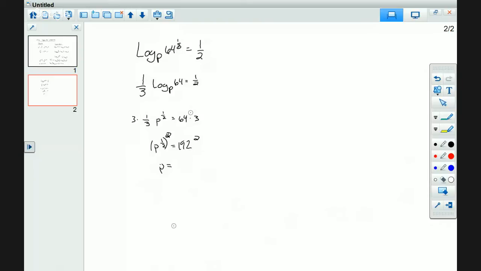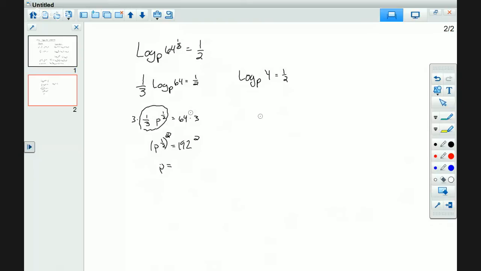Okay. Let's try it the other way. So the other way would be to just write it 64 to the 1/3. The cube root of 64. I think this is probably our easier method of solution.